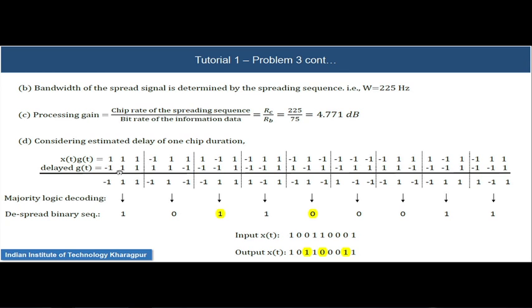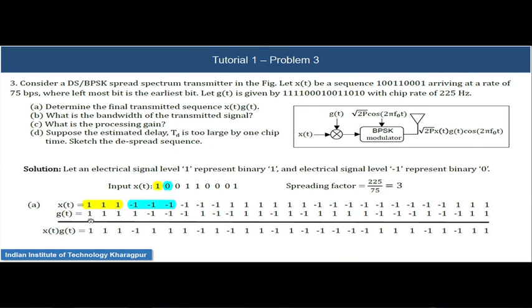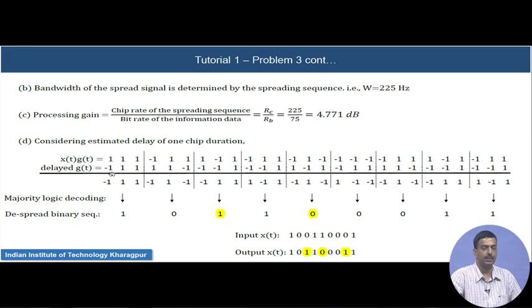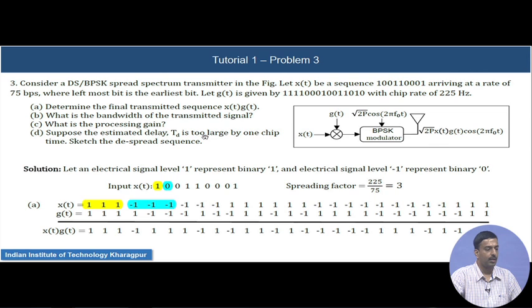As you can see, the PN sequence basically starts with 1 1 1 1 and then 3 minus 1s. So here we have the PN sequence 1 1 1 1 and then 3 minus 1. So basically the PN sequence is beginning here, where the received signal has already started over here, which basically means we have a dummy bit which we insert, which in this case is a 0 corresponding to electrical level of -1, and this basically models the delay in the PN sequence, which is too large by one chip duration.